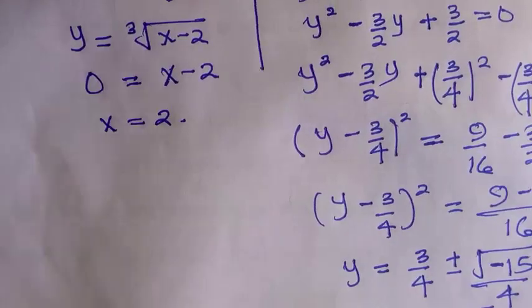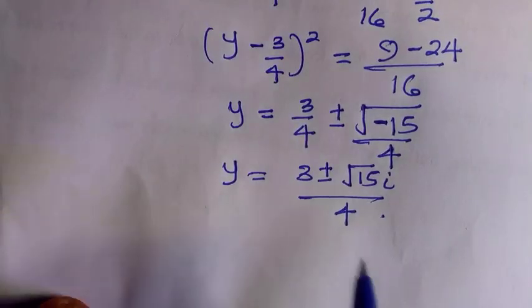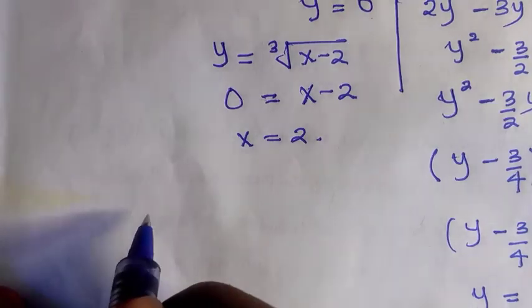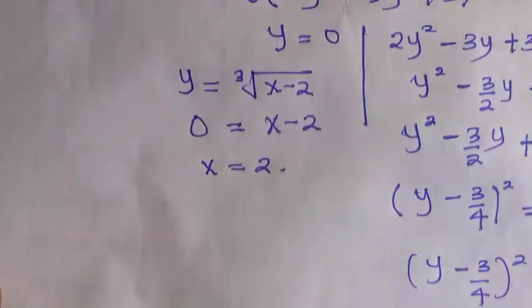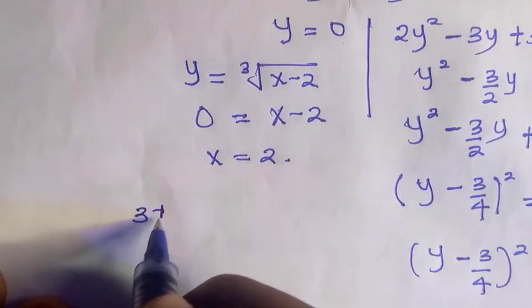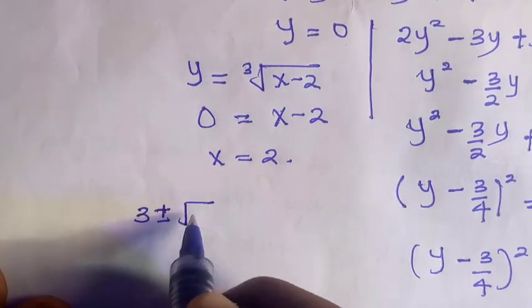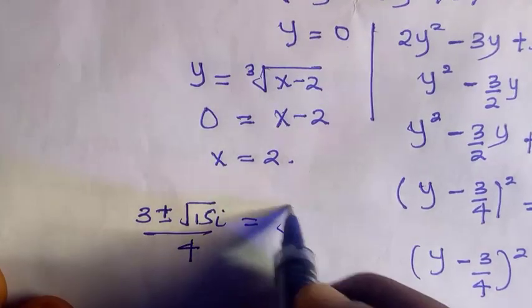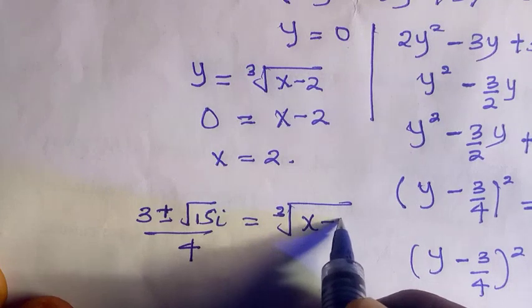So this is not the final solution, as with the first solution to the problem above, we're still going to repeat the same thing. We know y already, and we are going to replace it here as 3 plus or minus root of 15i all divided by 4 equal to the cube root of x minus 2.